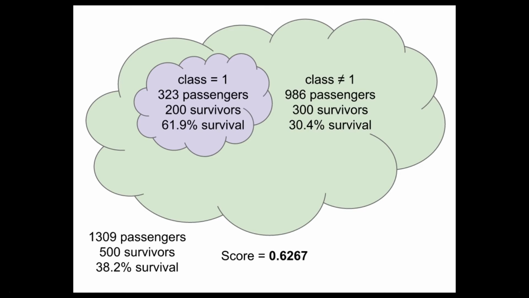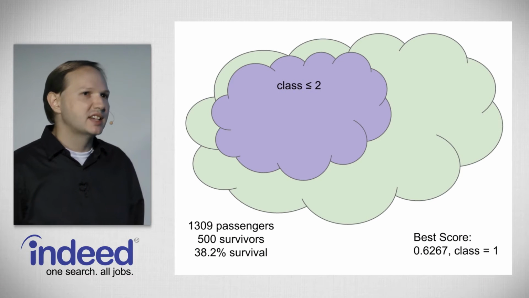So in this case, we want to find things that have lower conditional entropy because it's less uncertain. We run that data through that formula, and we get 0.6267. What does that mean? Well, it's actually not that important, but it's the best thing that we found, so we're going to keep it. And now we're going to try more things. What if we combine first and second class?